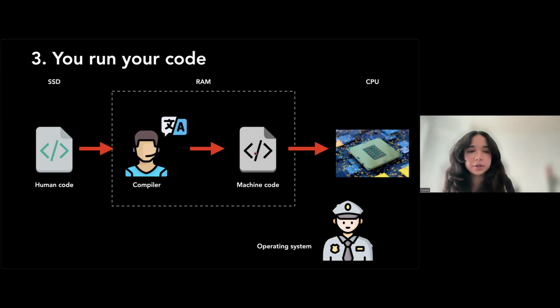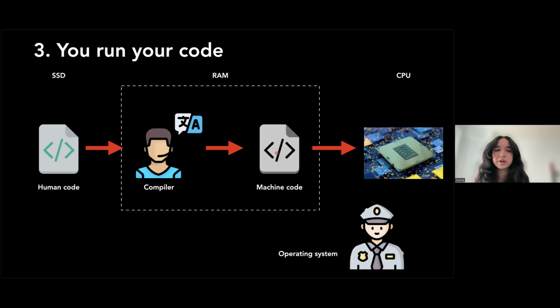With an interpreted language, it's still very similar. The interpreter sits in the RAM, but instead of everything being transformed into machine code all at once, it happens line by line.